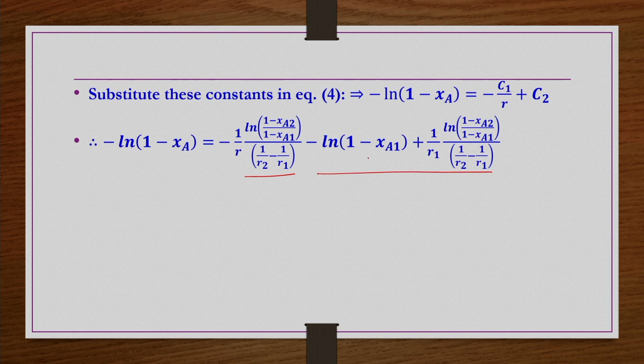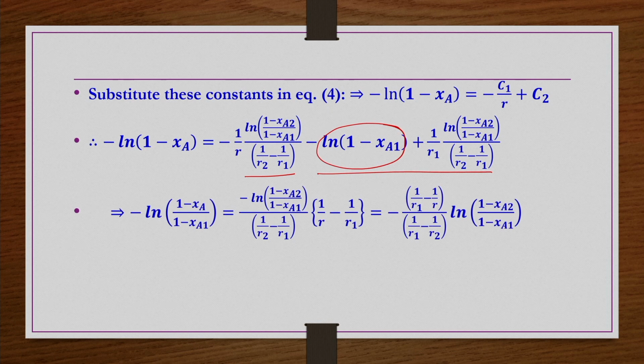Then you take this particular component to the left hand side, so that you have minus ln 1 minus XA by 1 minus XA1 on the left hand side, and on the right hand side minus ln 1 minus XA2 by 1 minus XA1 divided by 1 by R2 minus 1 by R1, which is common, multiplied by 1 by R minus 1 by R1.